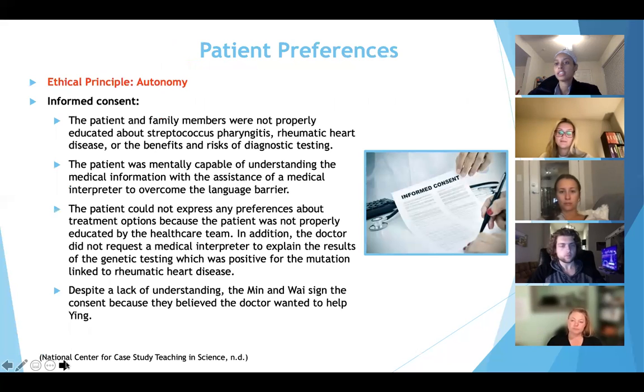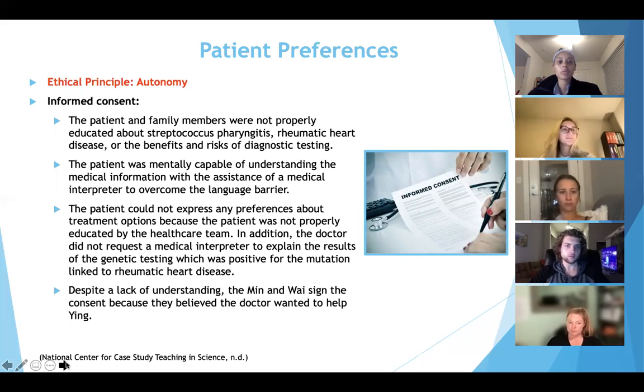So now we're going to move on to talking about patient preferences. The main one here is autonomy, which is probably one of the most obvious ones that was violated in this case. The story starts out with Ying's family being a little bit distrustful of Western medicine and trusting more in traditional Chinese methods.